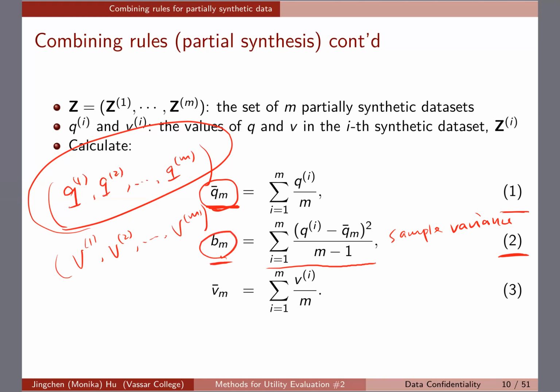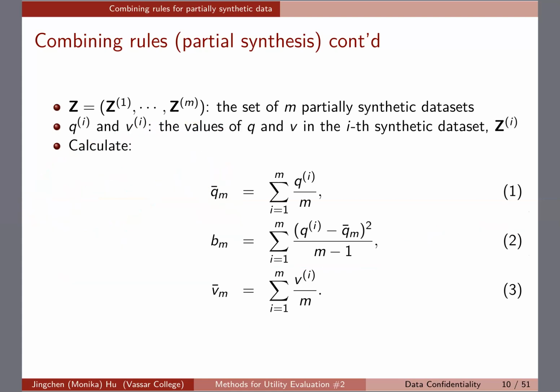And then this V bar M, well, we already have the variance estimate of each synthetic data set, V1, V2 until VM, and we want to get a sense of its average, so we take it. That's what these 3 equations are about, and later you will see that they all come into play in terms of how to create valid inference for capital Q.